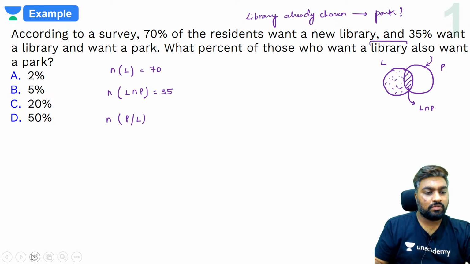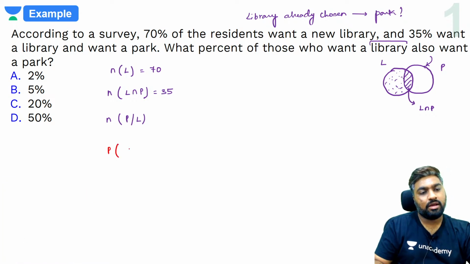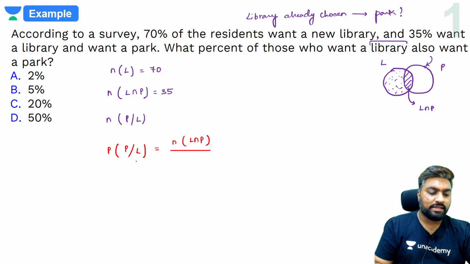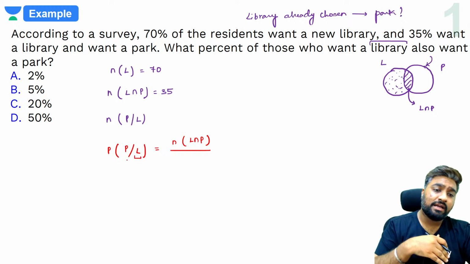So in case of probability, what will happen? The probability or chances of getting a person who wants a park when already wanting a library will be the number of people belonging in the library and park intersection upon whatever is the completed condition.